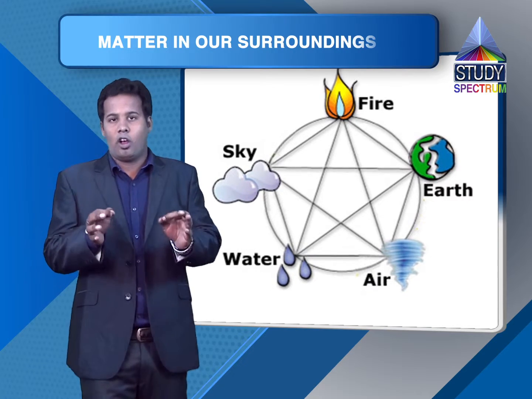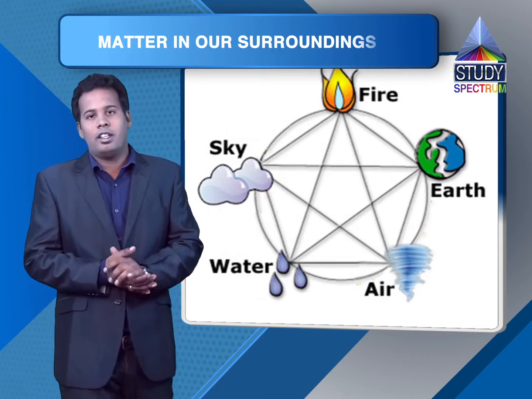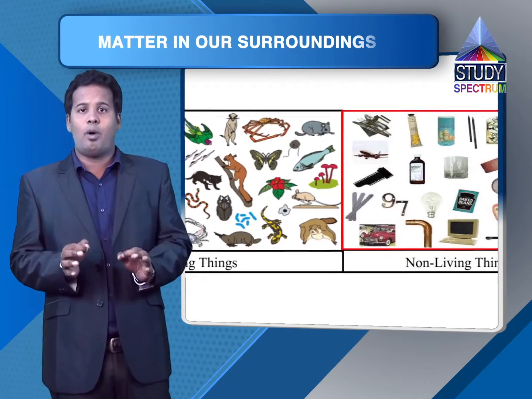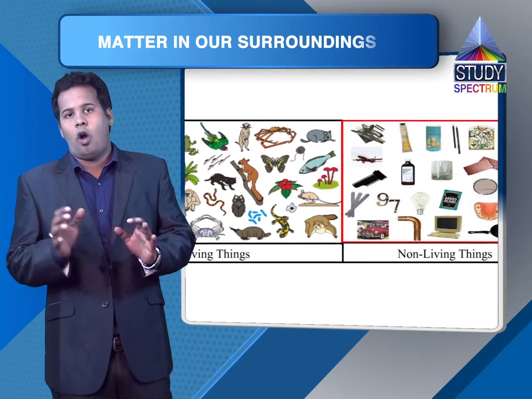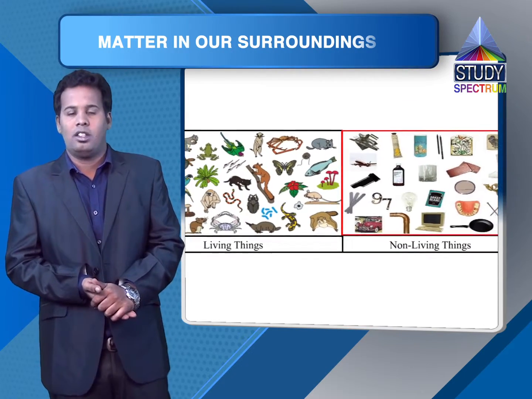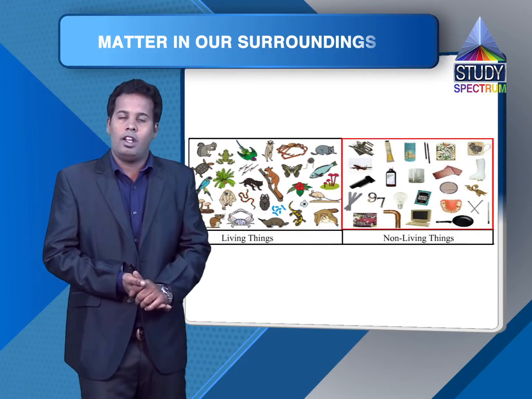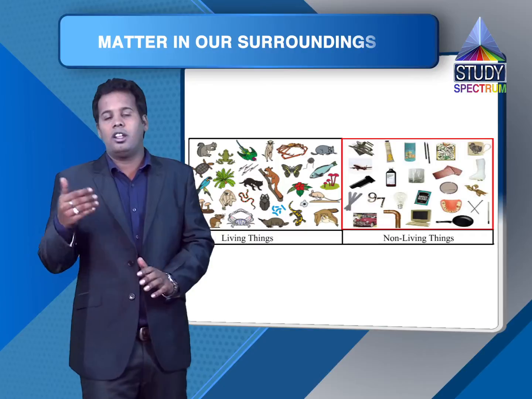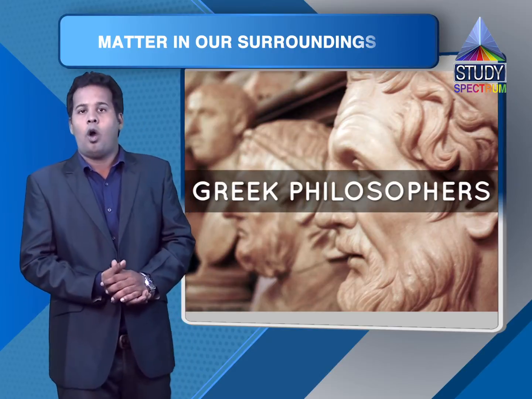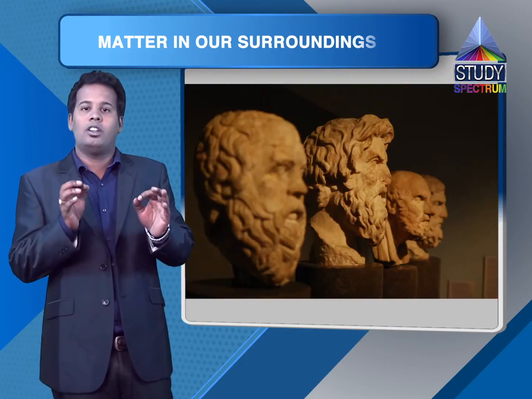According to them, all living things and non-living things are made up of each or a combination of these 5 tattva, 5 elements. Even at a later stage, ancient Greek philosophers also classified matter on the same basis.